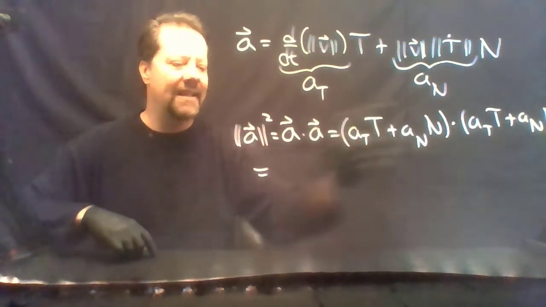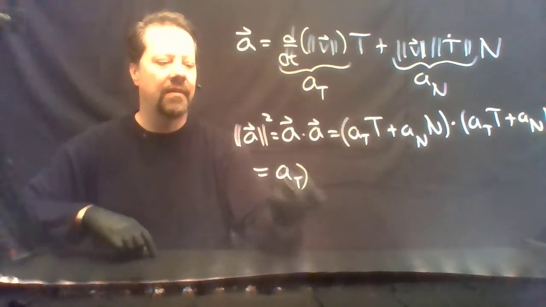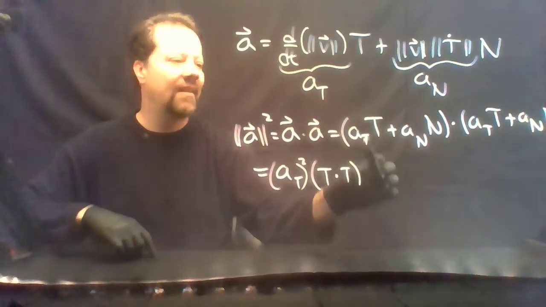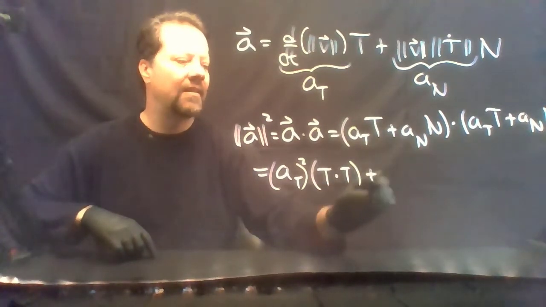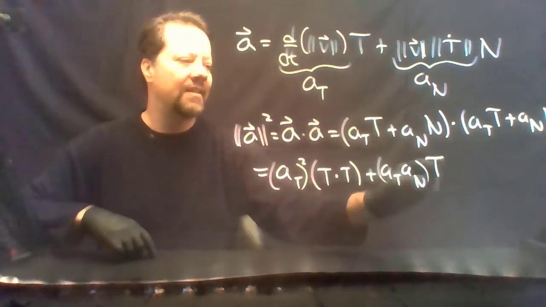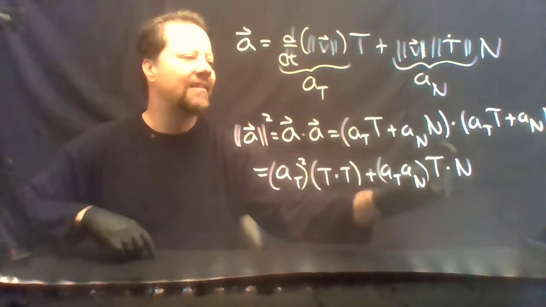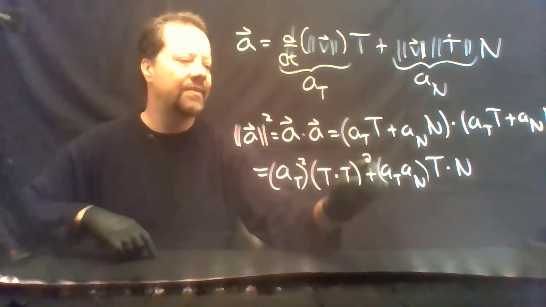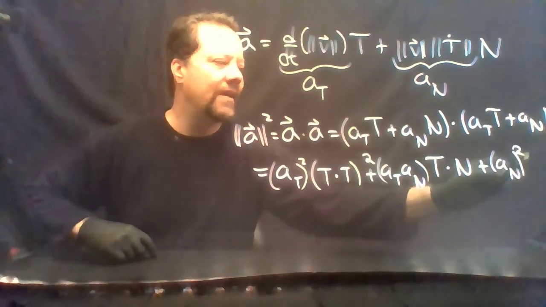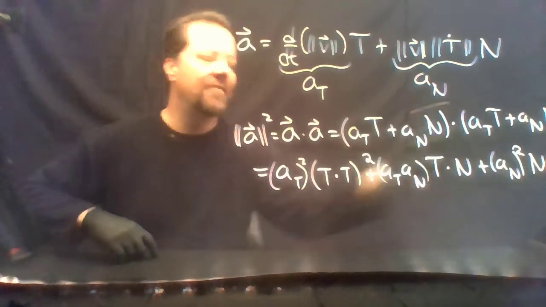We will get a sub T squared times t dot t, and then a sub T a sub N times t dot n, and then another one of those, and then a sub N squared times n dot n.